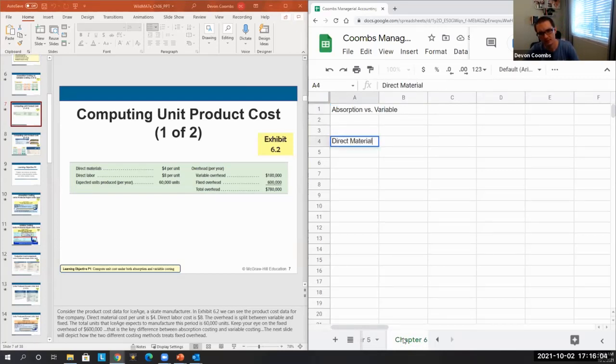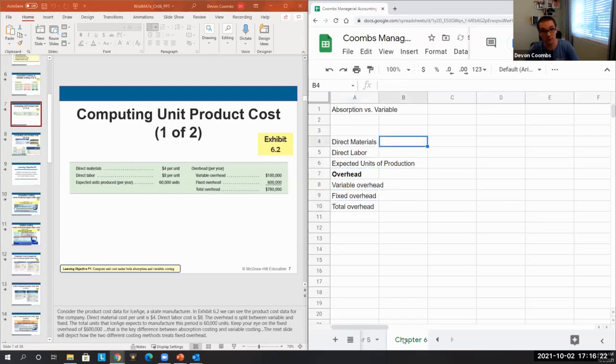Direct materials, direct labor, expected units of production, overhead, which is variable overhead and fixed overhead. So this goes back to the first chapters, right? Direct materials and direct labor and overhead make up the total product cost.